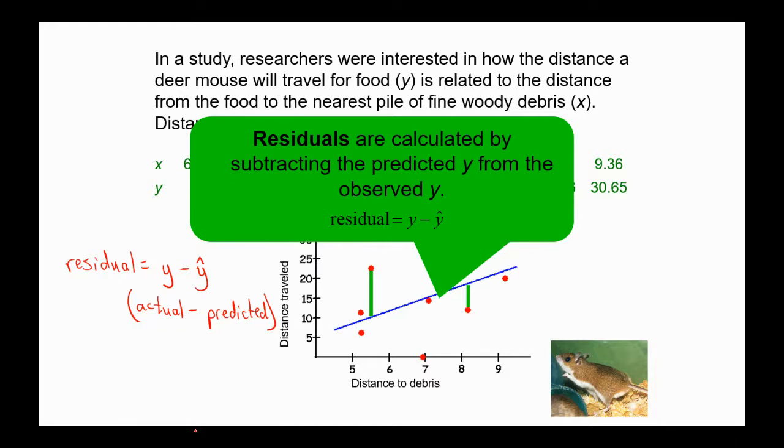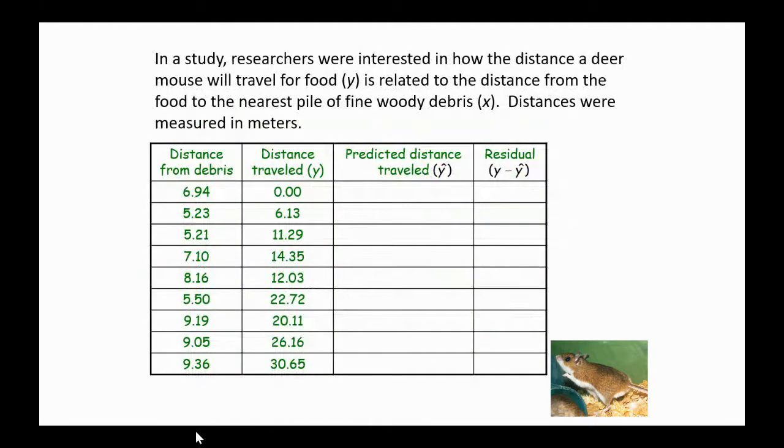Julissa, the third point. The distance, that's the x, right? On the table, yeah, distance from debris is your x. Brandon, if you'll do the fourth point. Rosie, the fifth point.